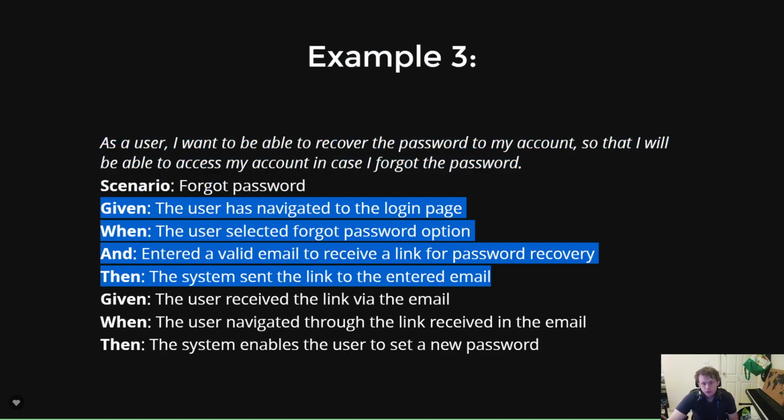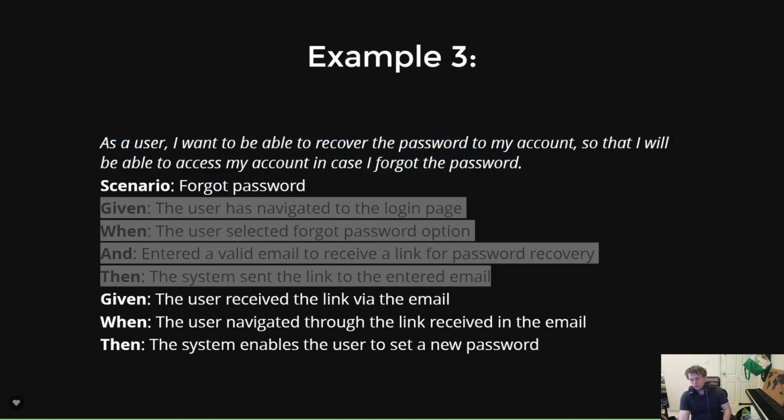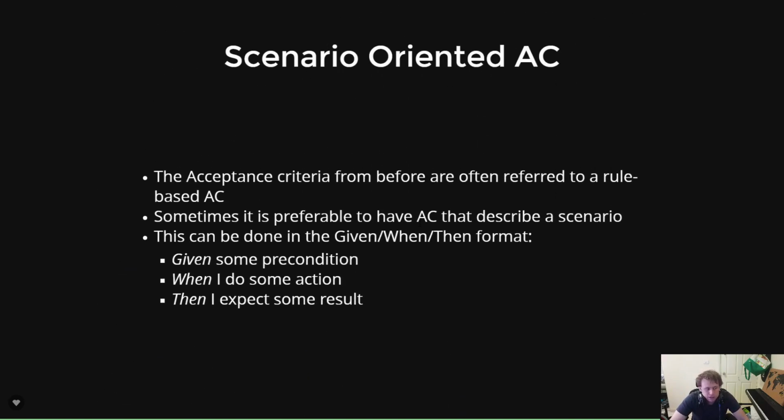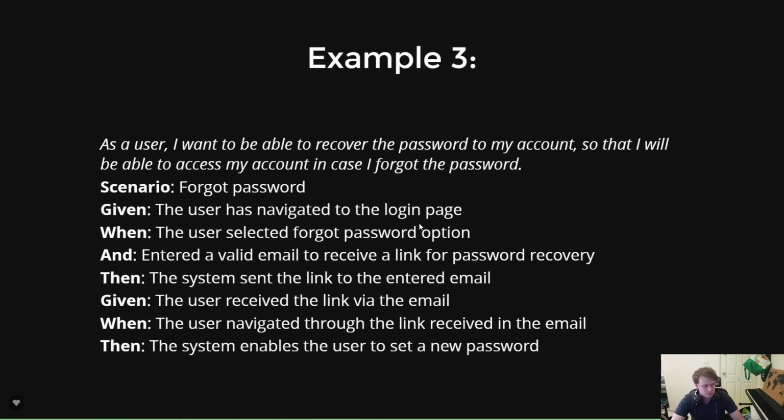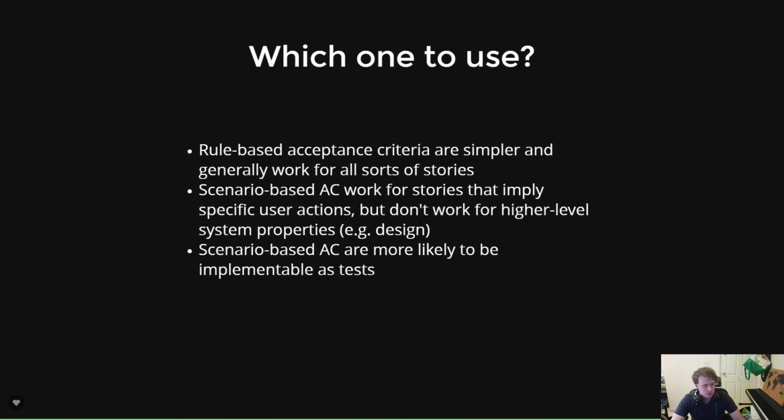This is another way of writing acceptance criteria. This one is a lot more useful when you're trying to describe things that are a bit more complicated, like use cases, because that's kind of all this is as well. You're simply trying to describe some kind of flow or dialogue that's more complicated than just they can log in with Facebook, Twitter, or LinkedIn. You can use whatever acceptance criteria you want.